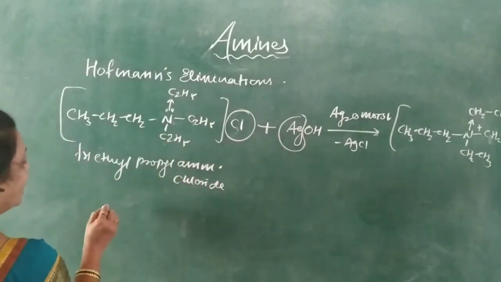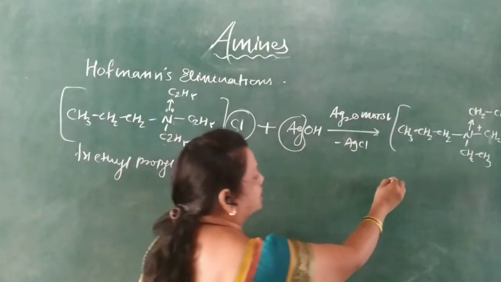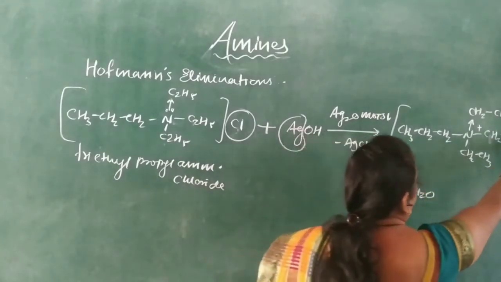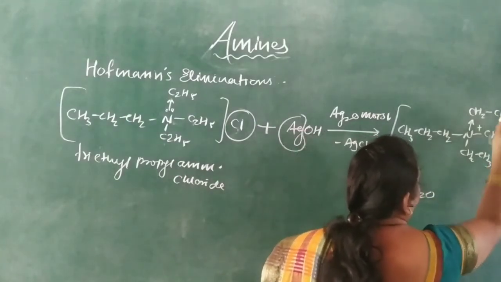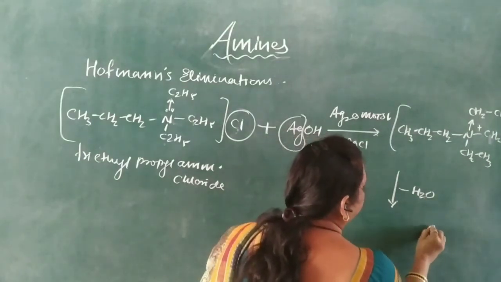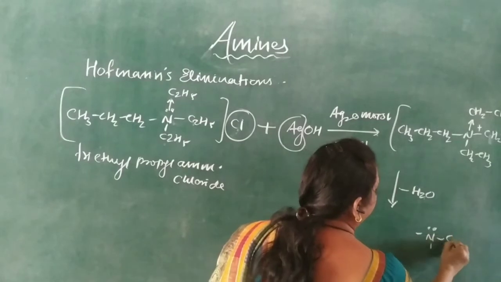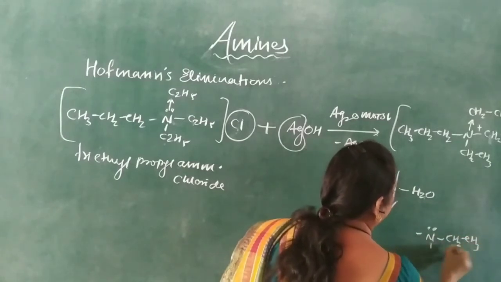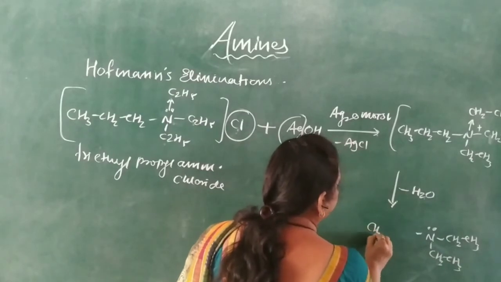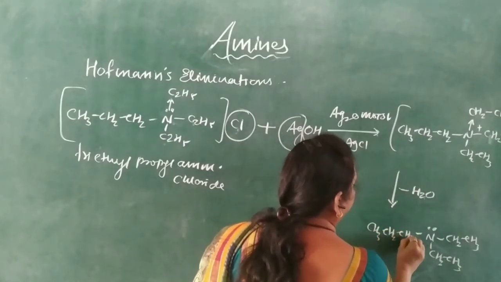Now this triethyl propyl ammonium hydroxide loses H2O, the OH and an H from this carbon, to form a tertiary amine, with CH2CH3, CH2CH3 and CH3CH2CH2.